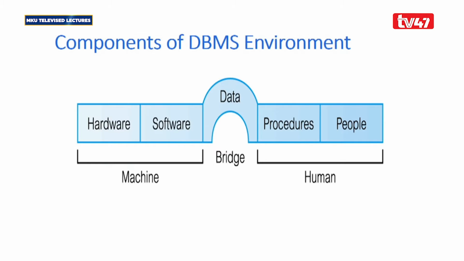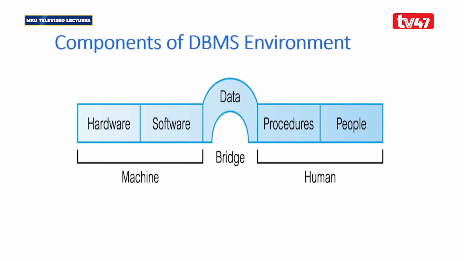We also have data, which are simple raw facts that users will be keying in at the main point of a transaction. It could be a point of sale, it could be at a reception, and so on. Basically, this data gives us a bridge between the people and the hardware and software.